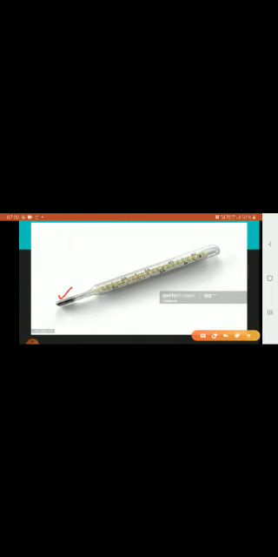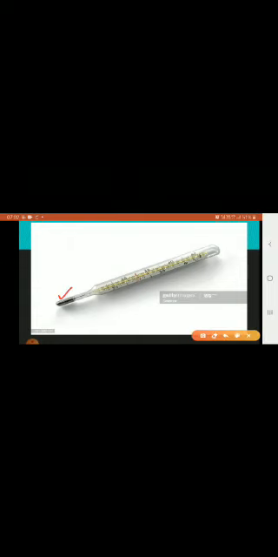And one end of the capillary tube is swollen into a bulb. Here on the left corner side of the thermometer, you can see that silvery substance is present, that is actually the thermometric liquid. Here mercury is used and this swollen portion is known as the bulb.